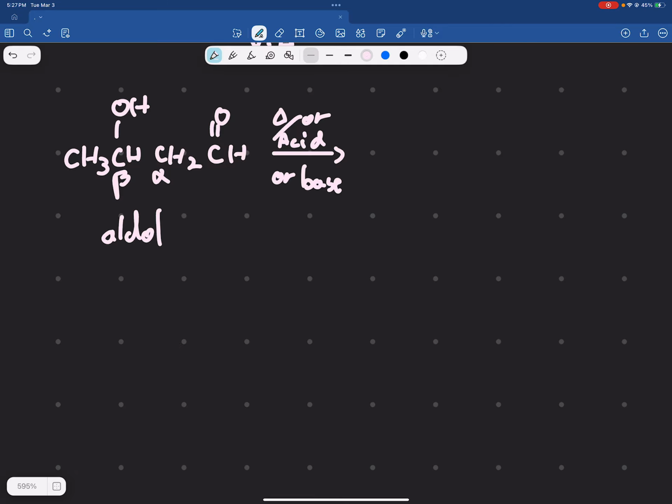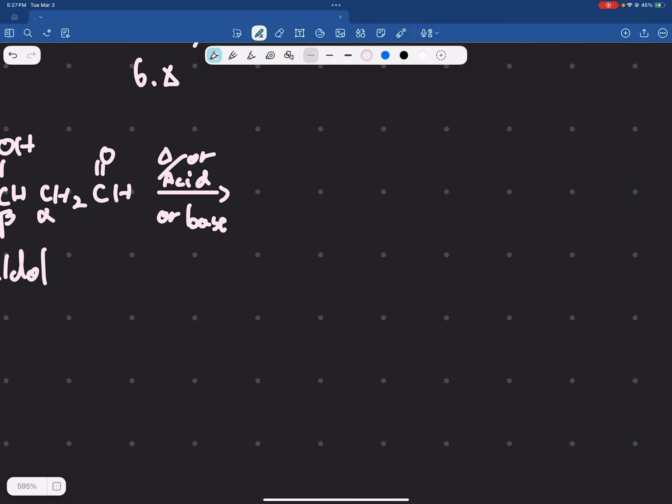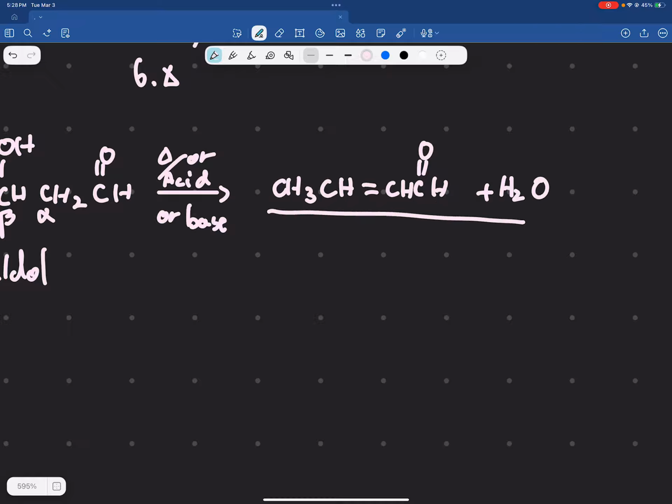So this is going to form this dehydrated product here. And this here is mostly what you will see as a product.